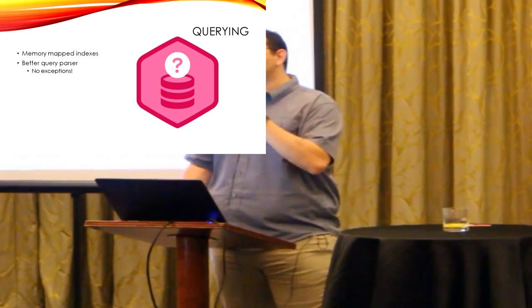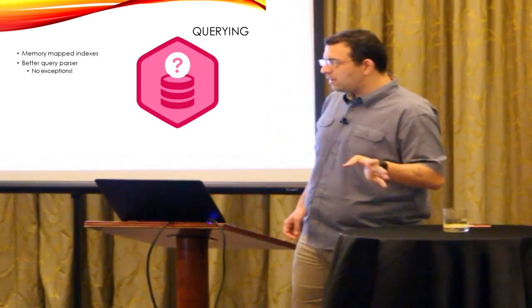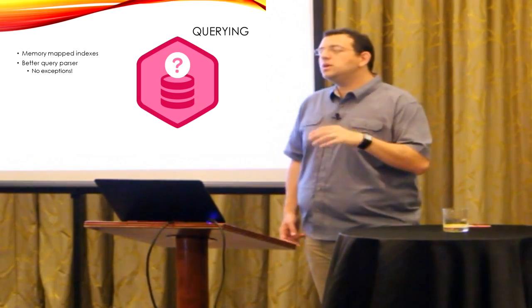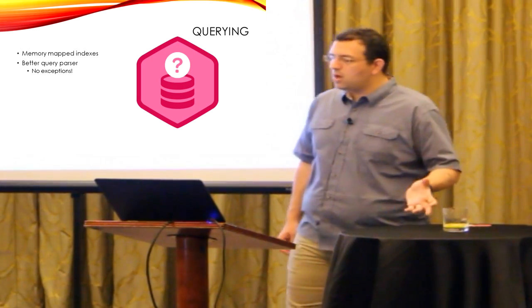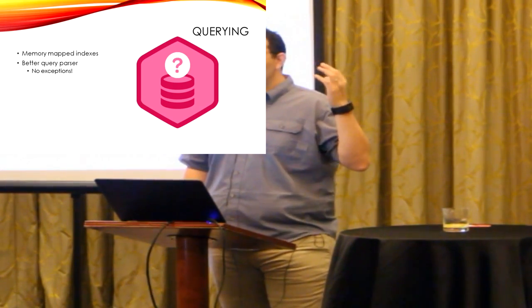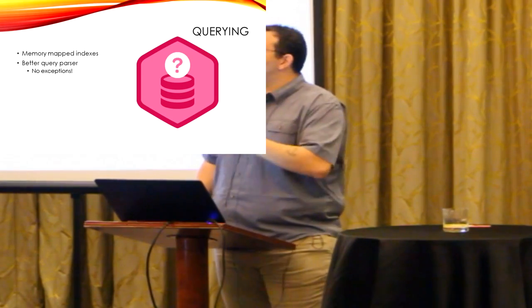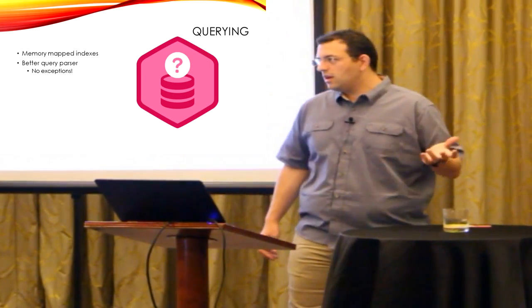We have moved to using memory map indexes for all of our stuff. So now, not only do we get the benefit of the page cache from the operating system, we also have the ability to access the data directly without doing any extra syscalls, because the data is already mapped.